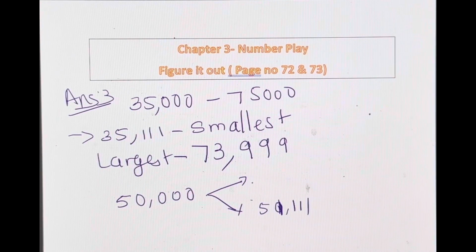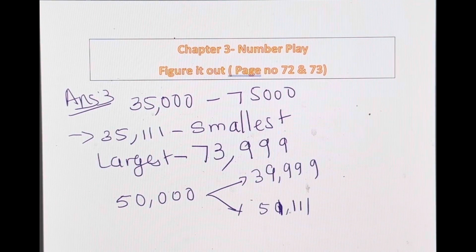And if we go back, we can't take the series of 4 because 4 is an even number, so we will have to go to 49,999 and then 3. Now out of this, which is closer? Let me write this again. 51,111, right? If we take 53, then it becomes a little far. So we need to keep close to this.